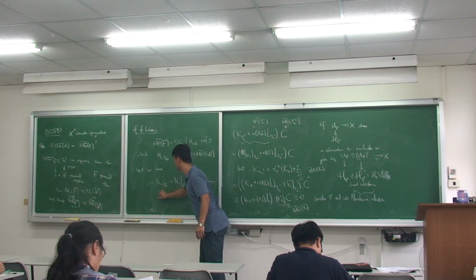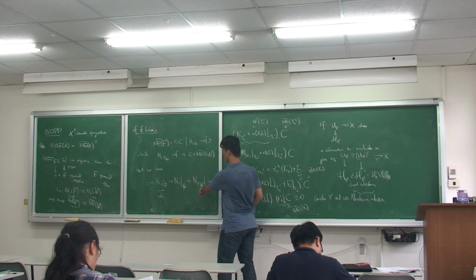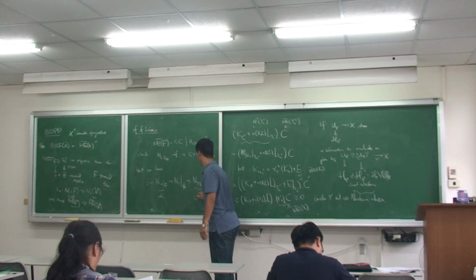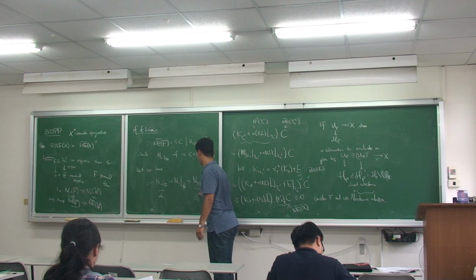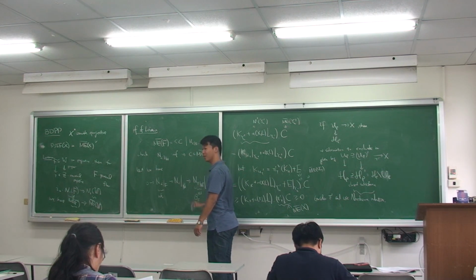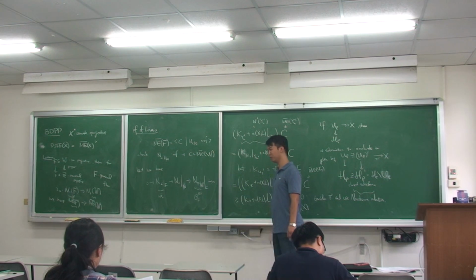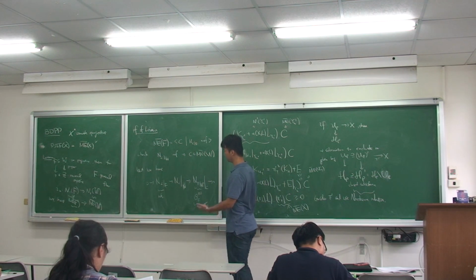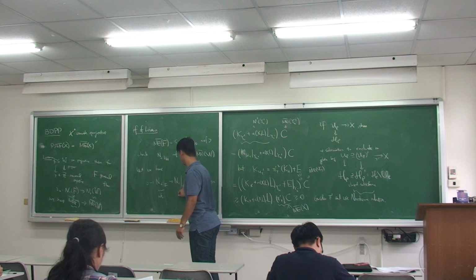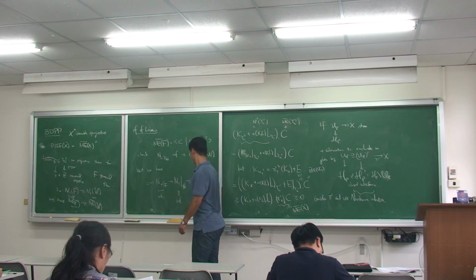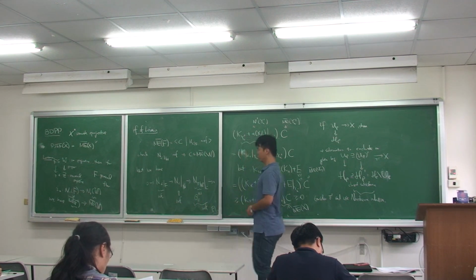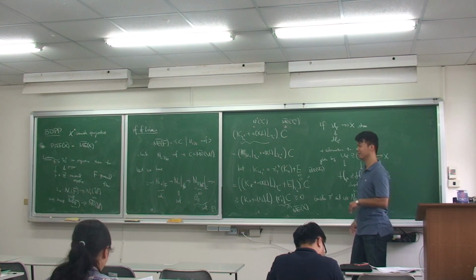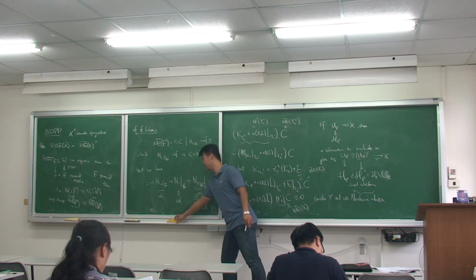And this guy is nef. This F, because it's a general member, a general fiber, has trivial normal bundle. Is that okay? The fiber has trivial normal bundle, so this is also nef. So an extension of nef bundles is nef. So the lemma is actually true. Is that okay? So that finished the proof of my main theorem.